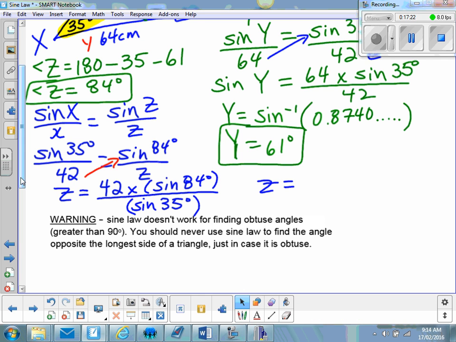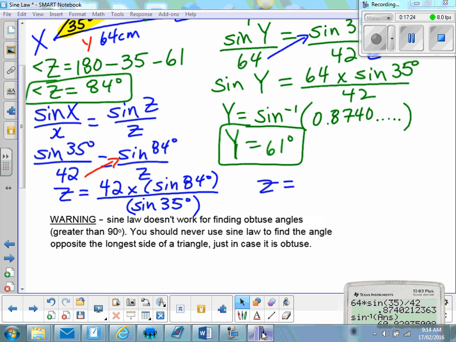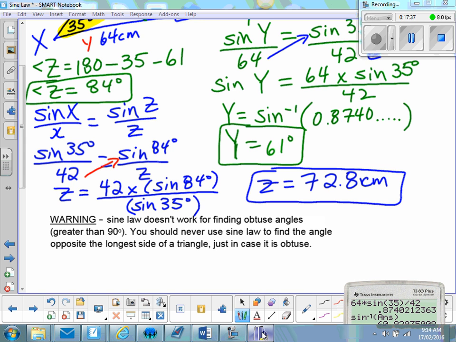So if I do that calculation and we round to 1 decimal place, you'll come up with 72.8 centimeters. Okay, and then our triangle is solved because we found everything that we didn't know.